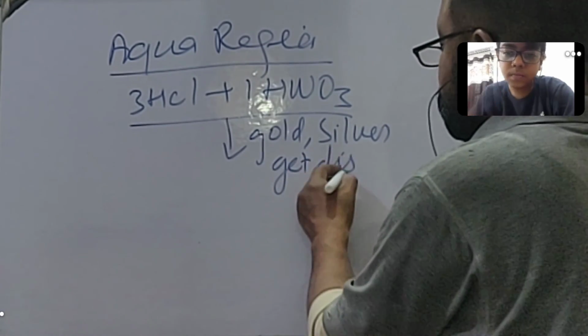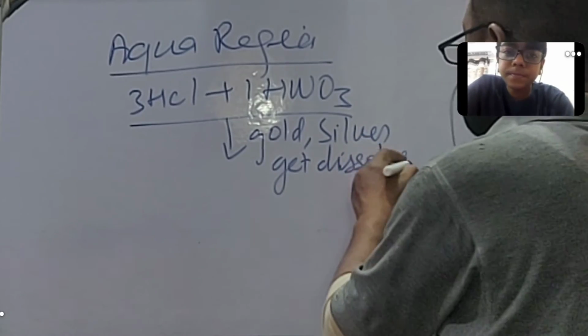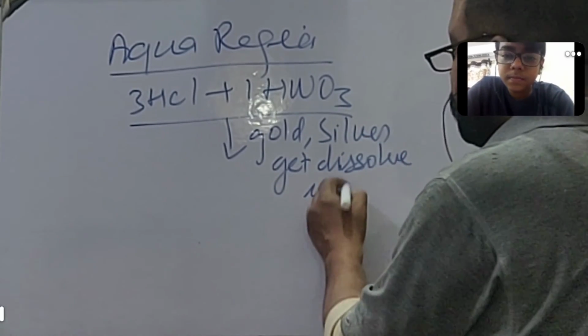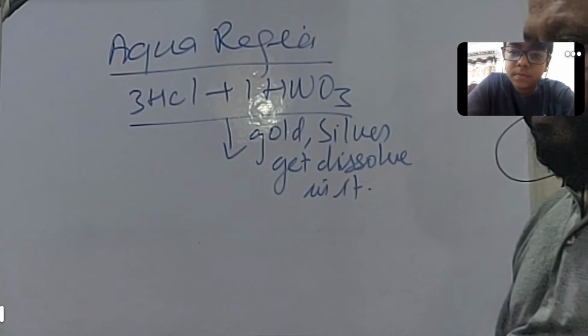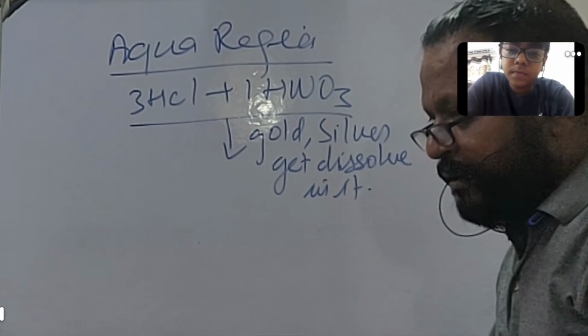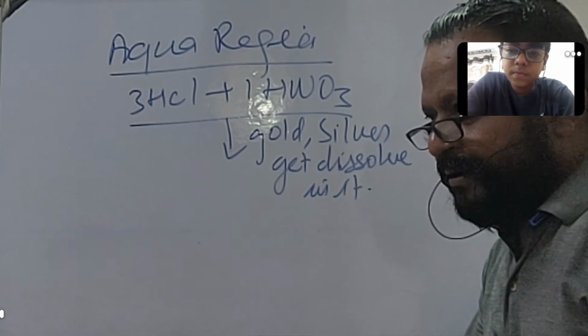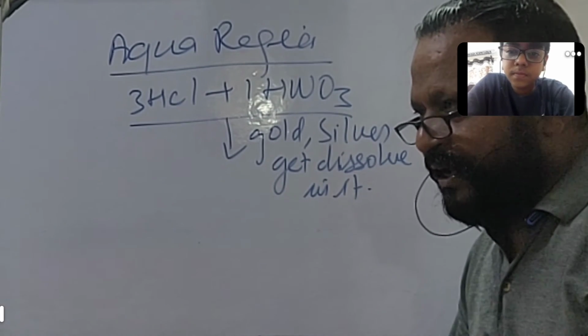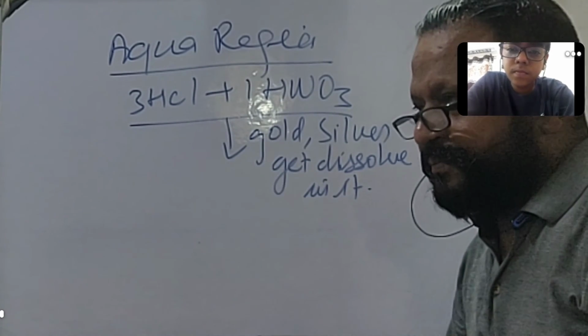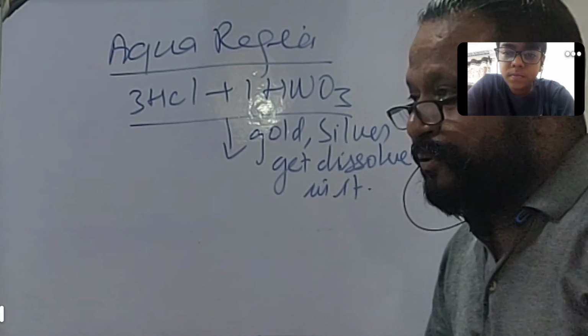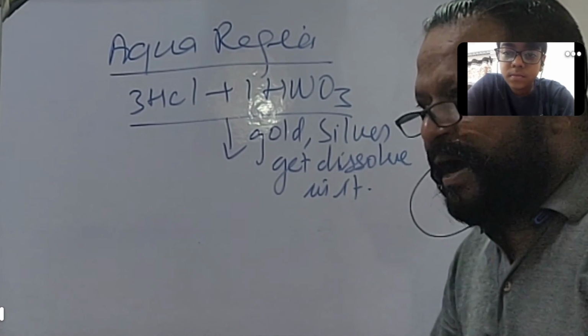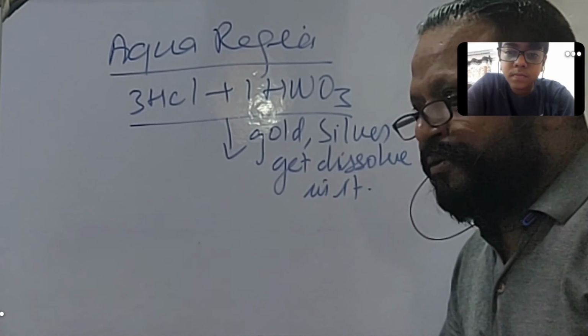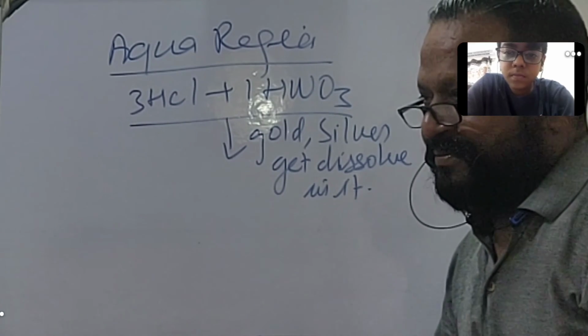It means when you go to a jeweler to increase the brightness of your jewelry, then they use this, right? So your jewelry starts sparkling more, but you lost some gold.